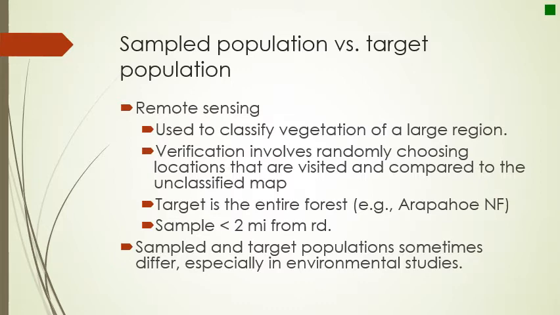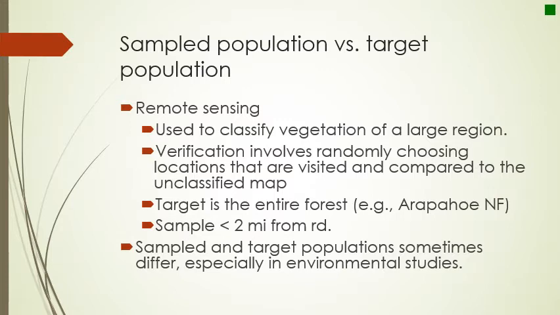So I want to make a distinction between the sampled population and the target population. Target population is also sometimes referred to just as the population or the data frame. For instance, in remote sensing, we use satellite imagery to classify vegetation over large regions, sometimes entire continents.